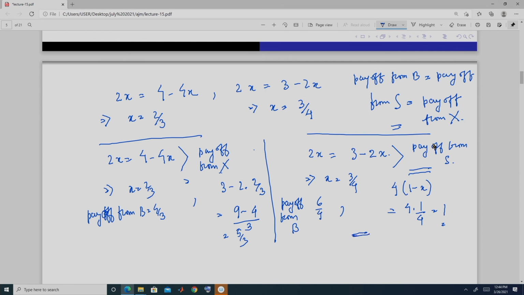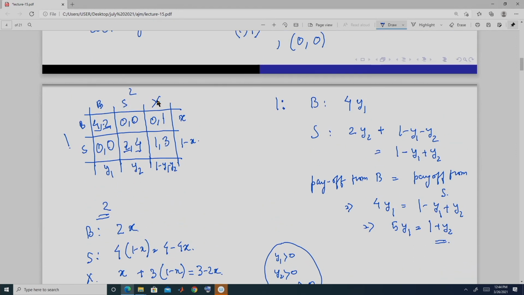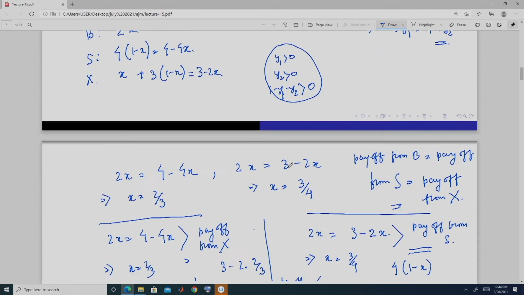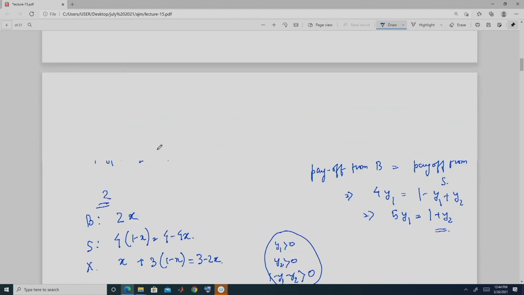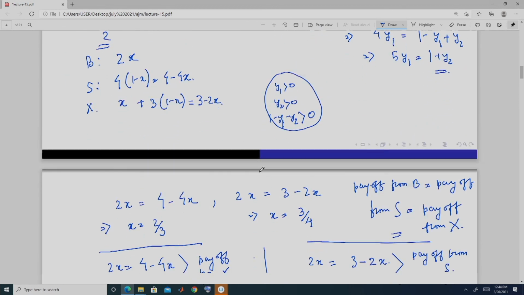So, this is one possibility, where player 2 attaches some probability to B and some probability to X. And when it attaches some probability to B and X, player 1 plays B with probability 3/4 and S with probability 1/4.